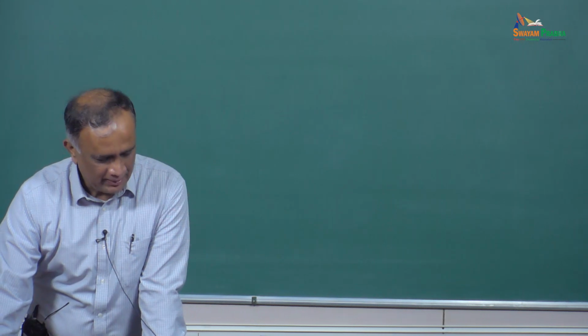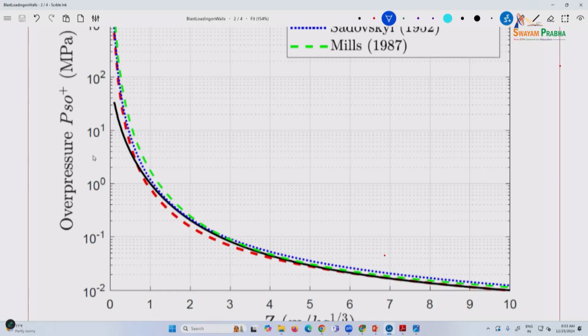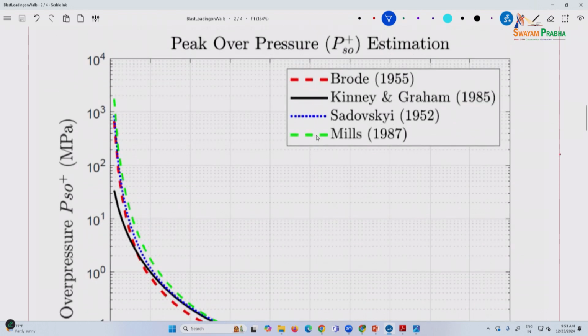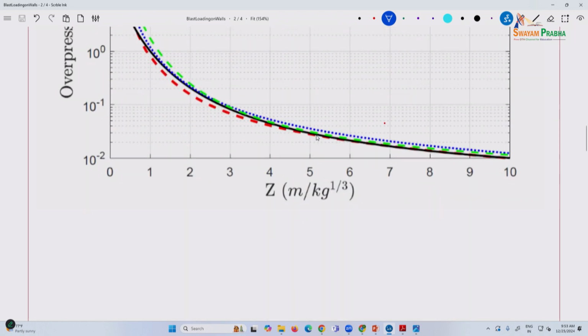So, you see the comparisons, in a log scale, done from Z 0 to 10, and they sort of overlap each other with minor changes. And this is what you see in UFC figure 2-7 and figure 2-50. So, that is a little background, and thanks to Kaviyarasu for putting this together.